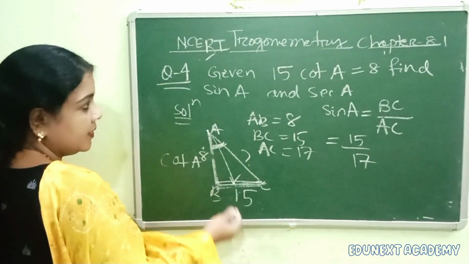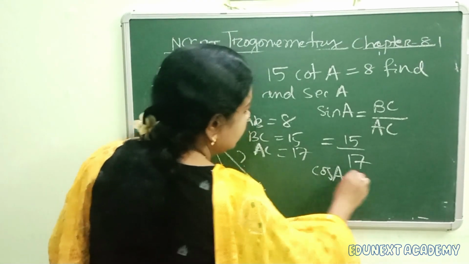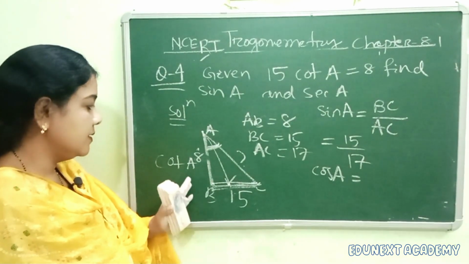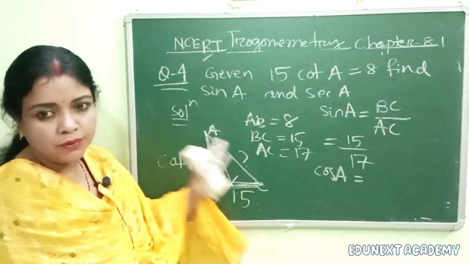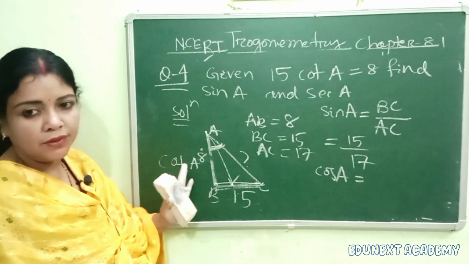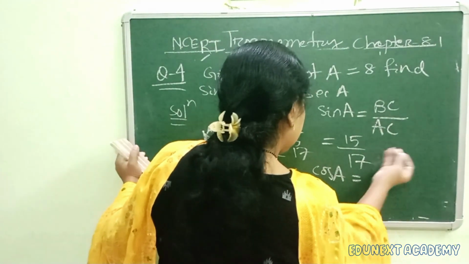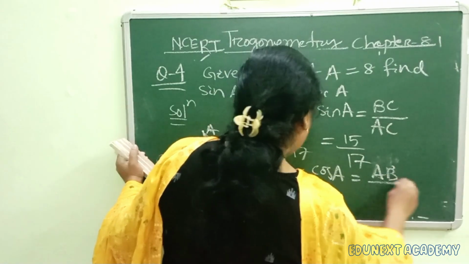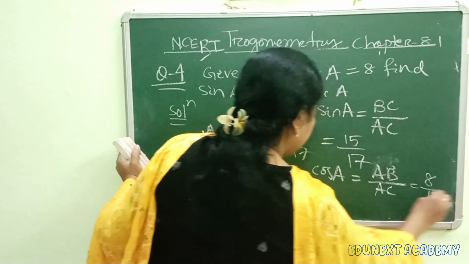Similarly, cos A is the side adjacent to angle A over the hypotenuse, that means AB by AC, that is 8 by 17.